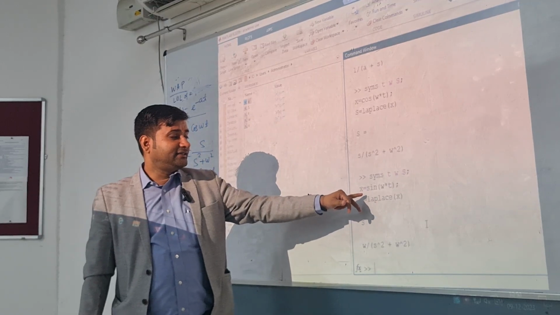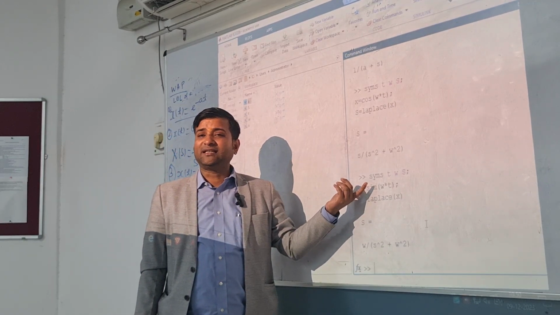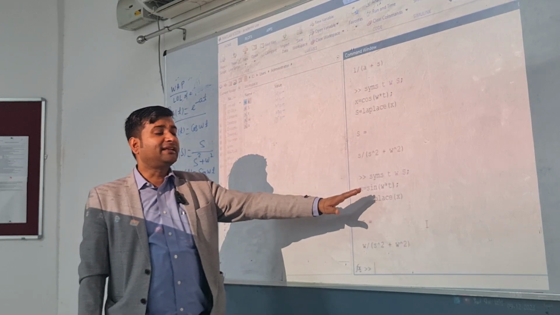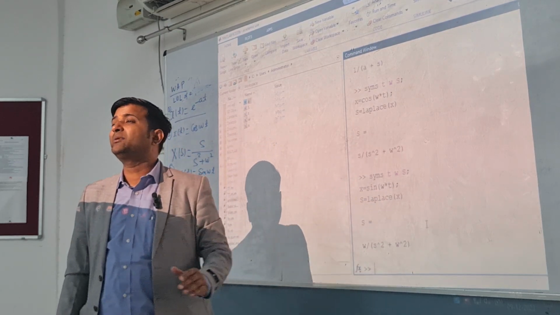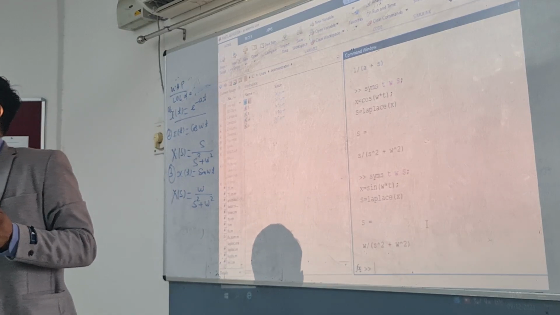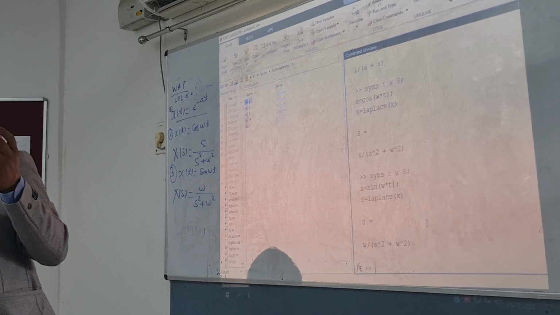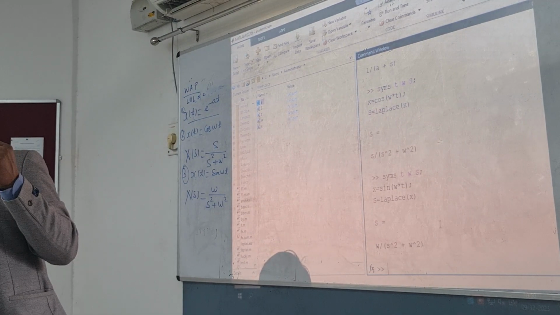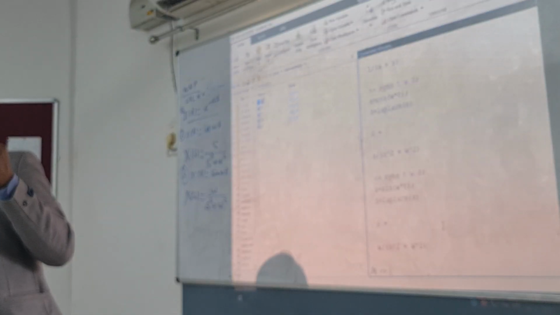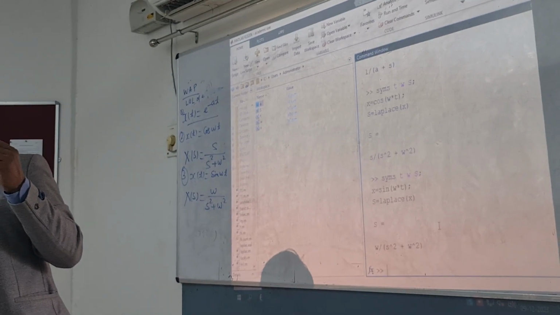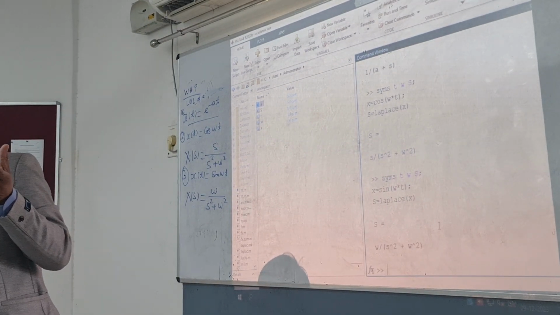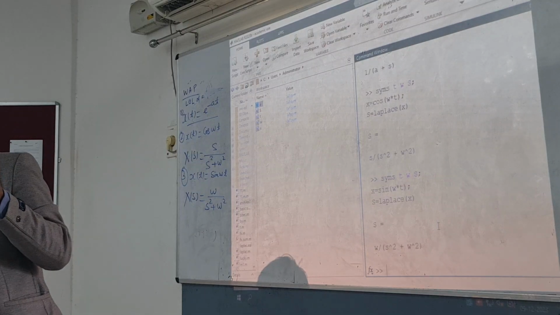Here this is the simple notation of the sine and cosine function, which are standard mathematical functions. These are built-in commands. Built-in means you use the standard commands in the MATLAB library. You have not defined any such command. This is the inbuilt command.